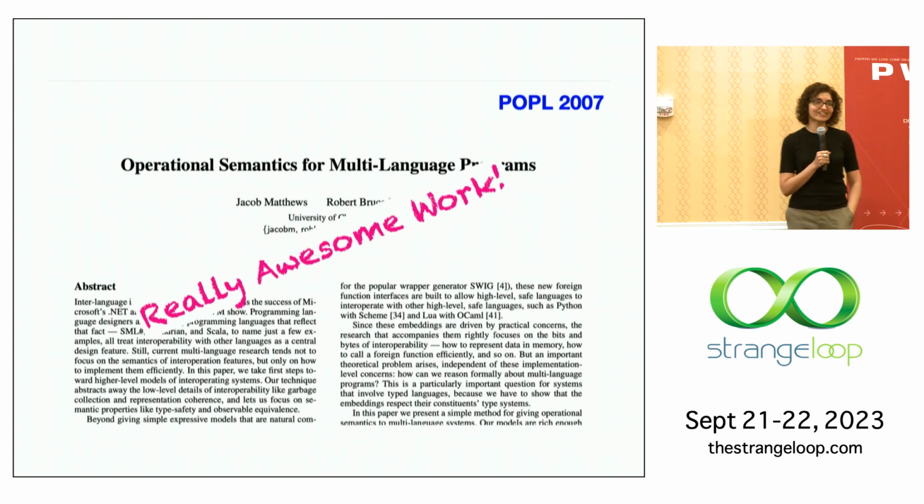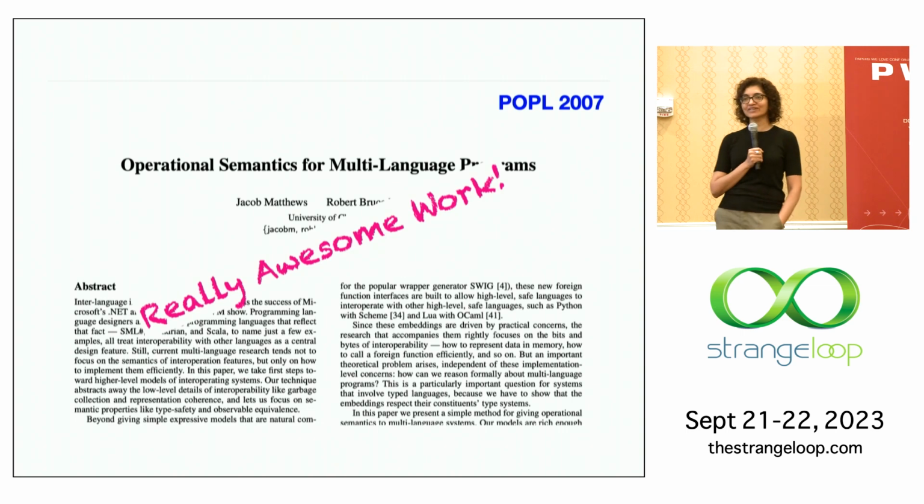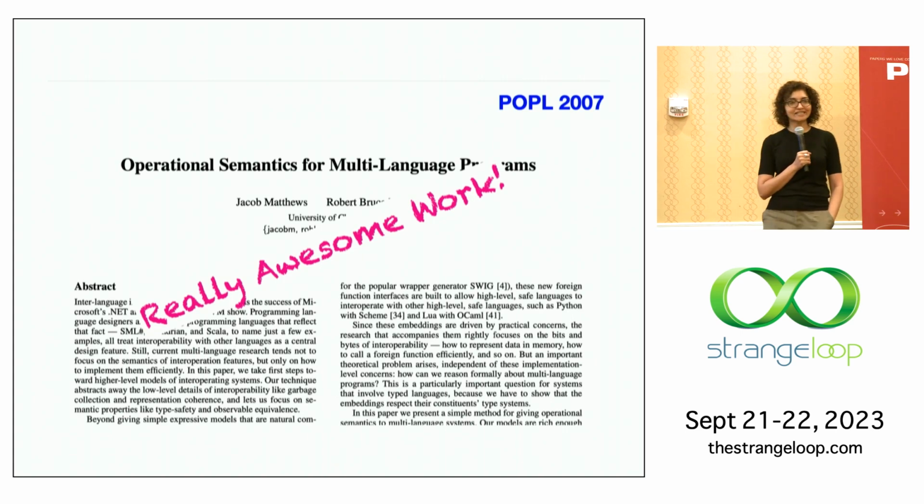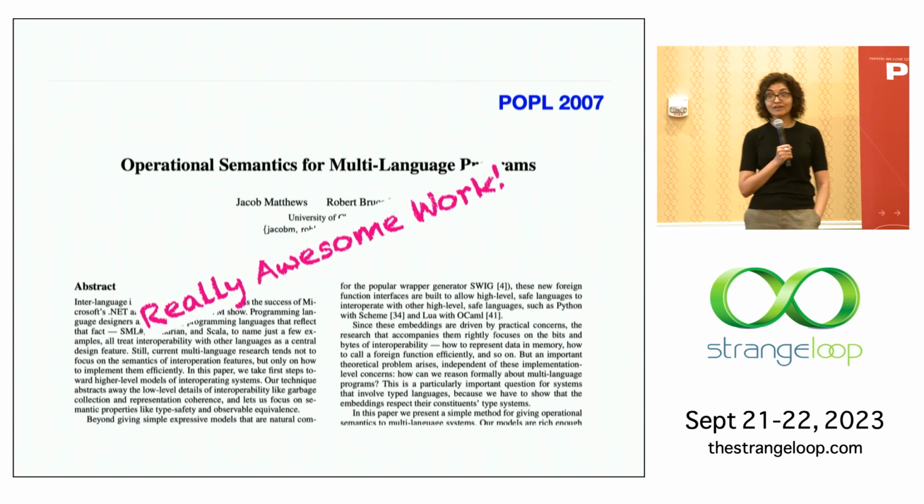And all these years later, after I've built so much stuff myself, and I've seen others build so much work on it, here are my thoughts. Language interoperability is a really, really, really hard problem. This paper came up with a really simple, beautiful technique that seemed too simple, certainly to me at the time, and I'm sure to a lot of other people.